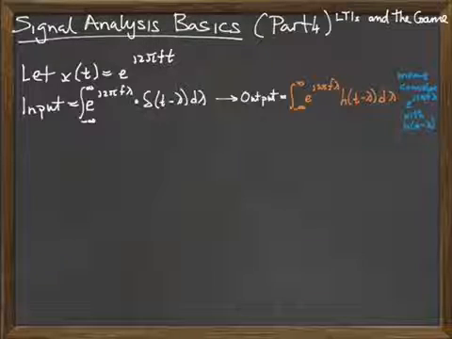Now this is a convolution exercise, so instead of saying all of that, let's say this is e to the j2 pi f lambda convolved with h of t minus lambda.